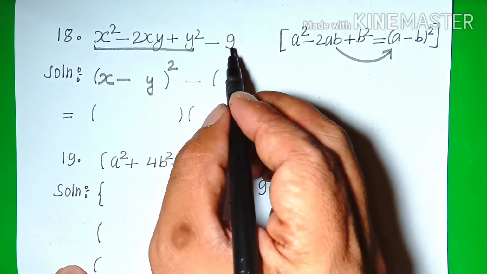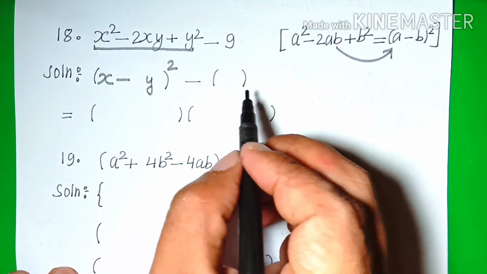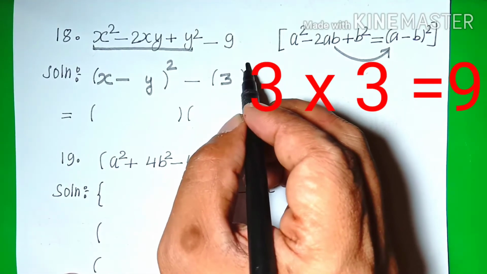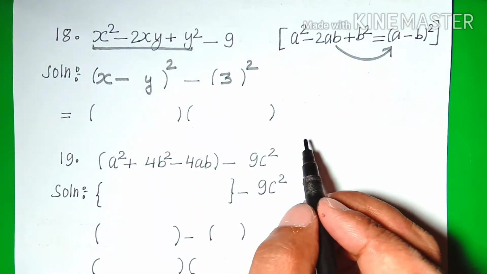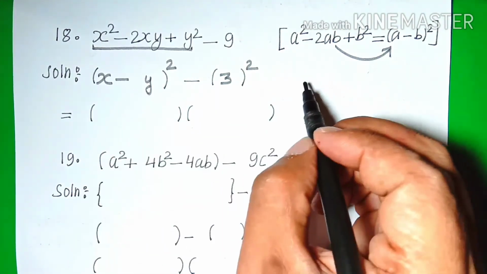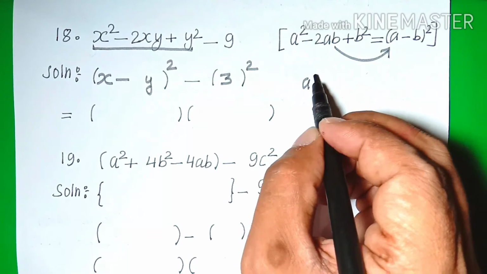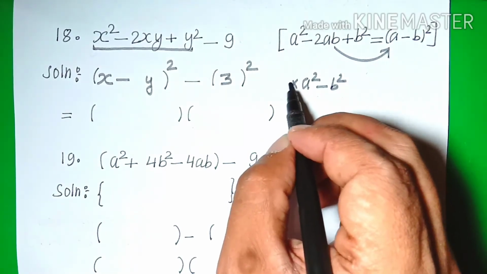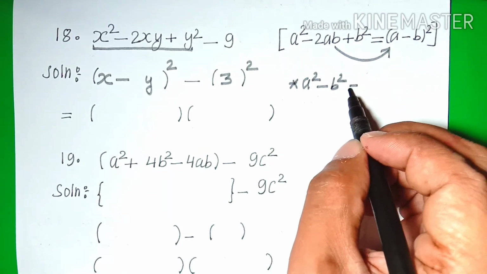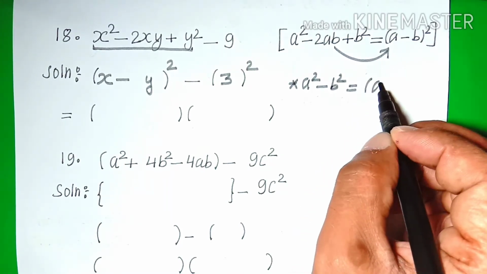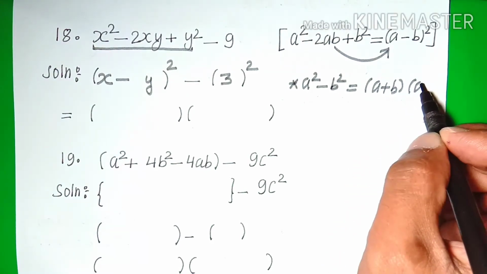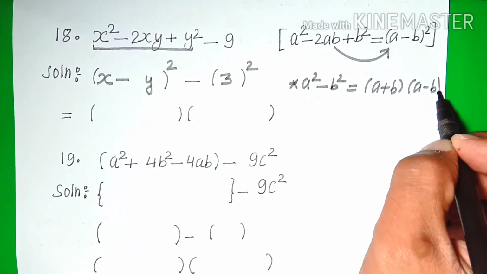Now again here 9 is also a perfect square, that is 3 threes are 9, that means the perfect square of 3. Now clearly, this can be read in the form a square minus b square, and we know that a square minus b square equals a plus b into a minus b.